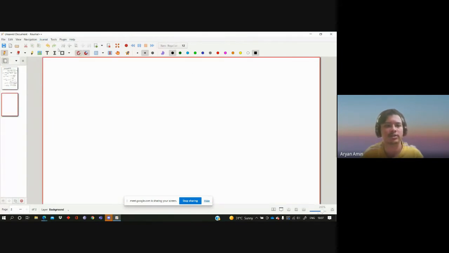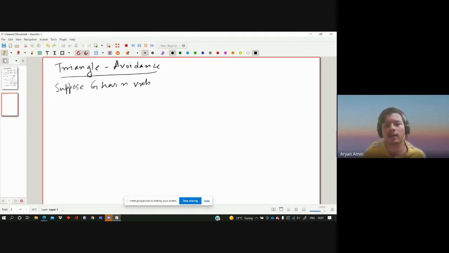Okay, so the first topic we are going to discuss is triangle avoidance. We are dealing with the question: suppose G has n vertices, what's the maximum number of edges G can have, given G has no triangle?